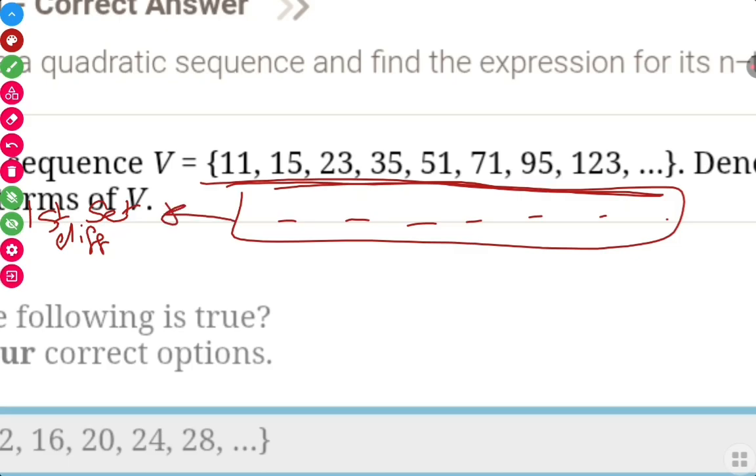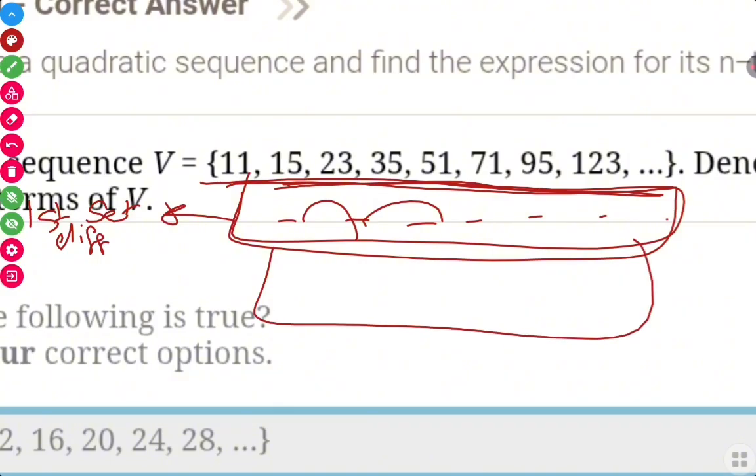If it's quadratic, these numbers are not going to be equal, but if you subtract the differences from each other, you will get a second set of differences that is equal. And that's when it's quadratic.